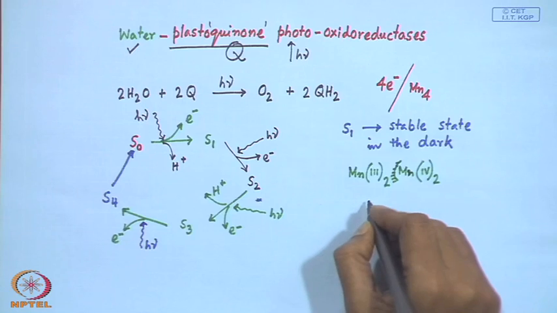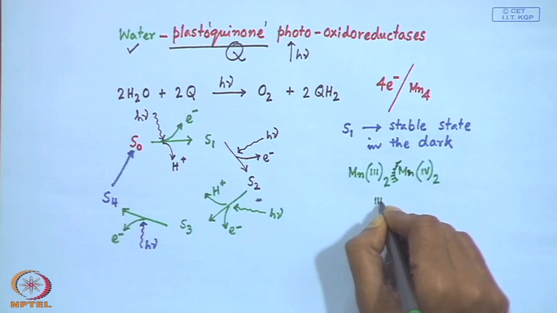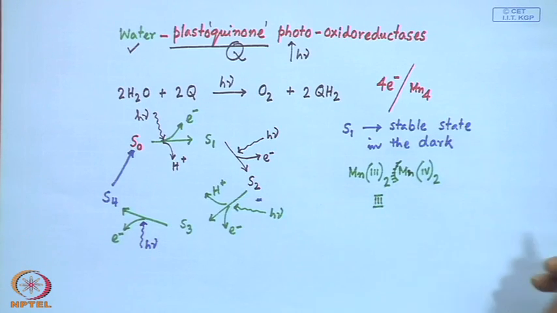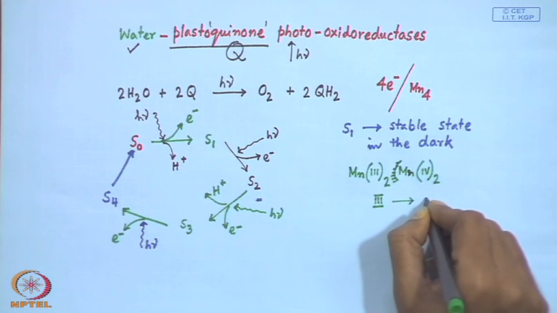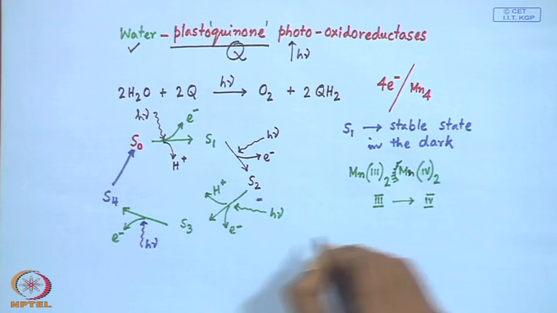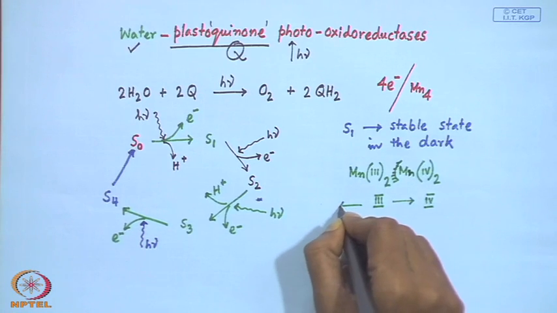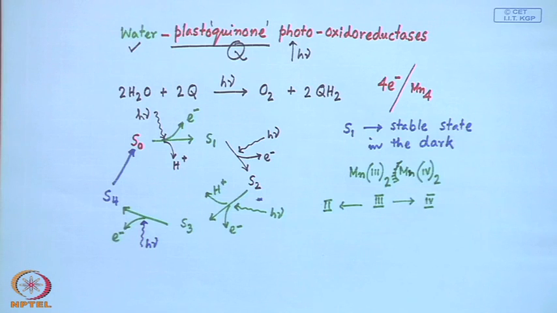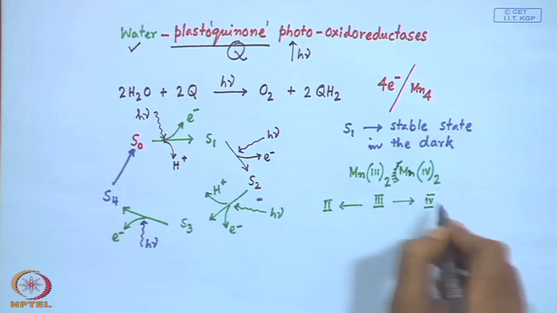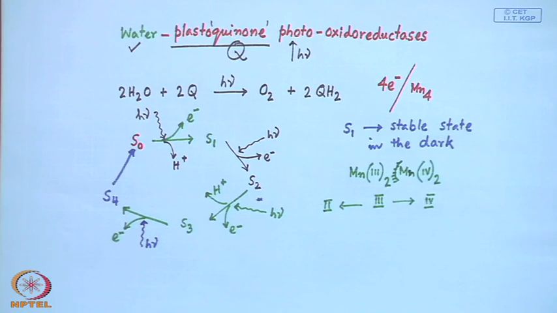So, basically what we are talking about here is that the most readily accessible oxidation states can go from 3 to 4 or down from 3 to 2. So, by doing so, in this particular step you get 2 plus 2, 4 electrons.